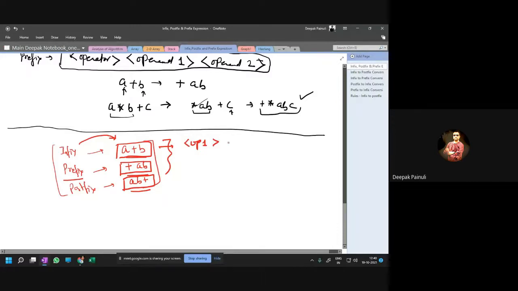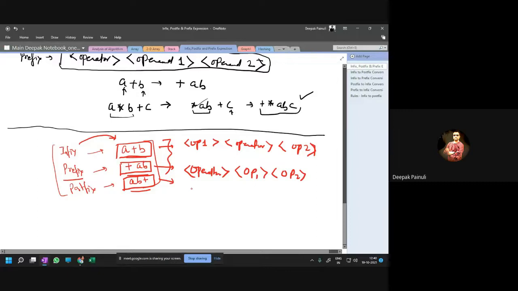What it means is, in case of infix, operand 1 comes first, then the operator, then operand 2. In case of prefix, the operator comes first, then operand 1, then operand 2.